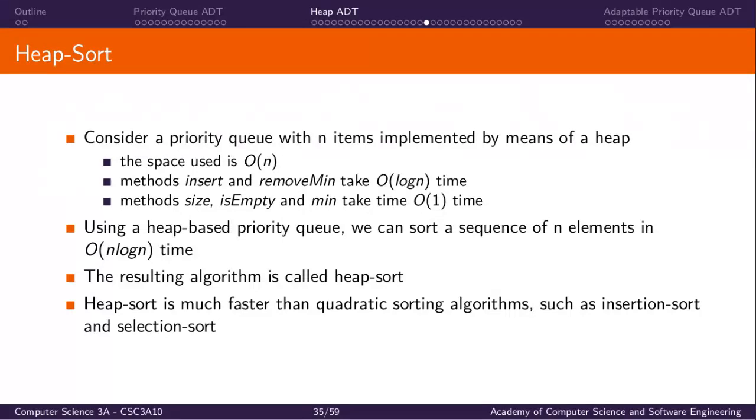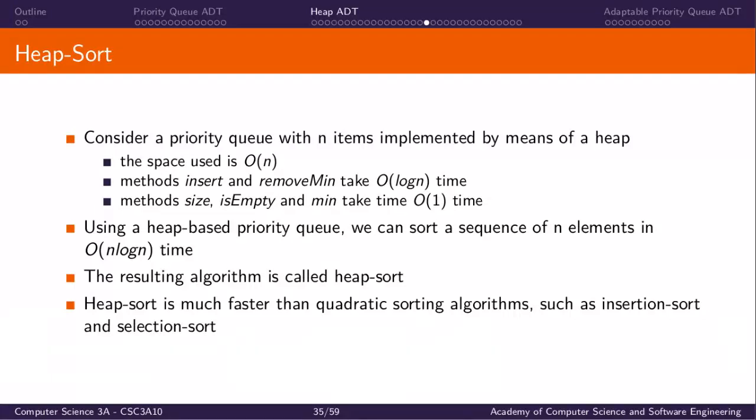Then we may have to do an up heap to make sure the heap order is preserved. That can be worst case some order log n method that does swaps up to, at worst, the root. In fact, we know we have to do n of those to insert n elements into our priority queue.